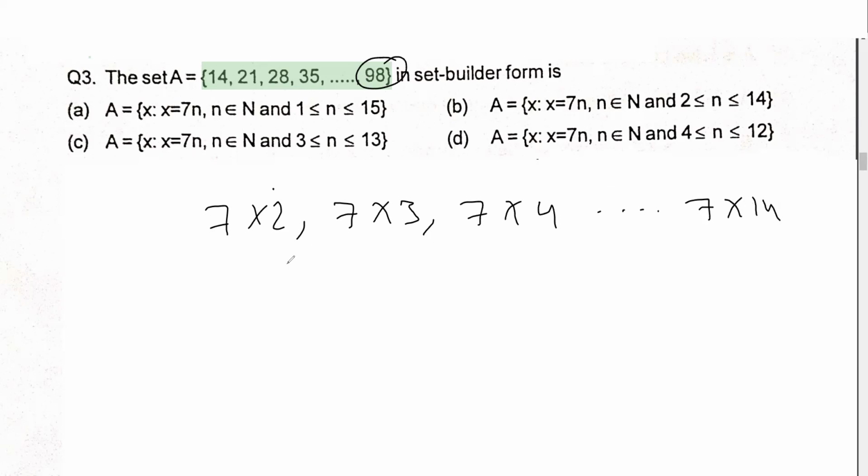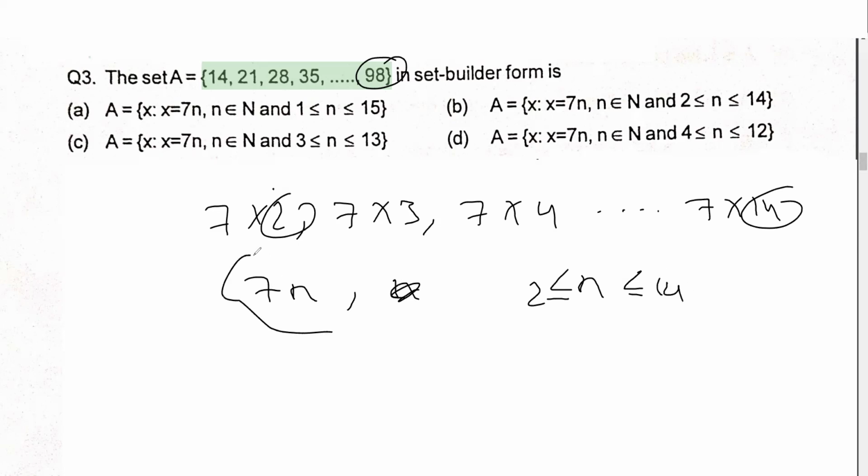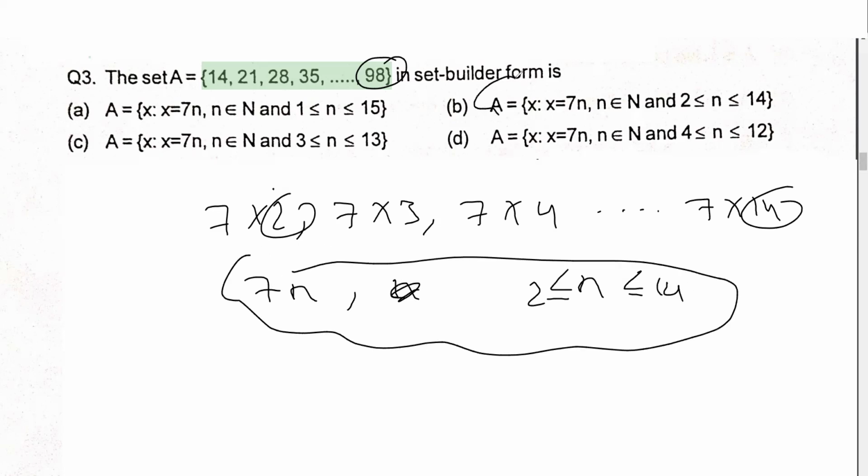So from here, we can say that it is 7 times an integer n, and n here is from 2 to 14. That is, n is greater than or equal to 2, but less than or equal to 14. So this would be the correct option, that is B.